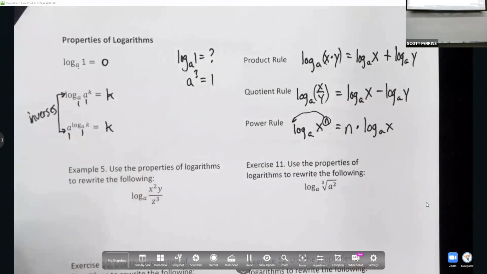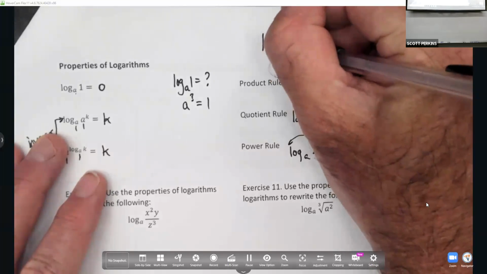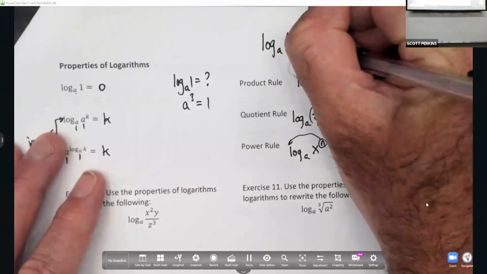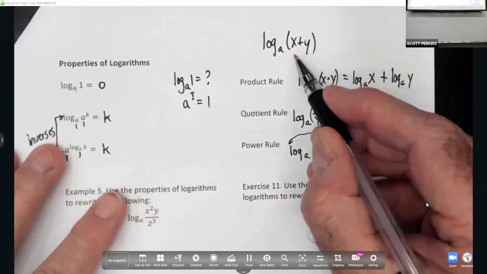Before I let you go, I just want to show you one of the cardinal sins of logarithms. It's kind of the same thing as one of the significant errors for exponents. If I have the logarithm base a of x plus y, students every semester want to do this. You want to generalize. I cannot do anything with this.